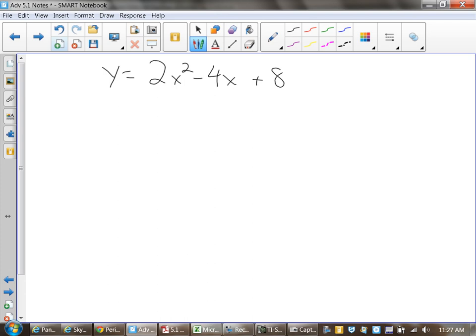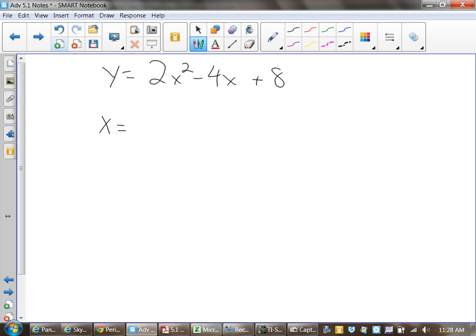Remember how I showed you it was a vertical line? What does every single vertical line start with as far as an equation is concerned? X. It's always going to be x equals something.